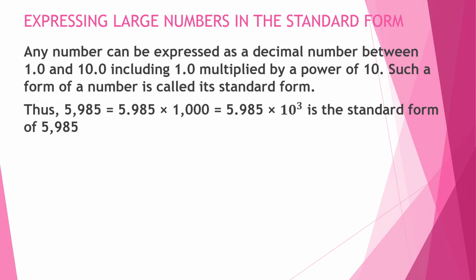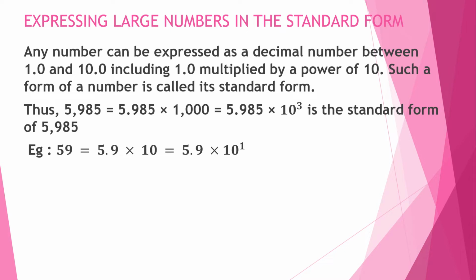So 5985 equals 5.985 into 10 raised to 3, which is the standard form of 5985. 5.985 into 10 raised to 3 is the same as 5985.